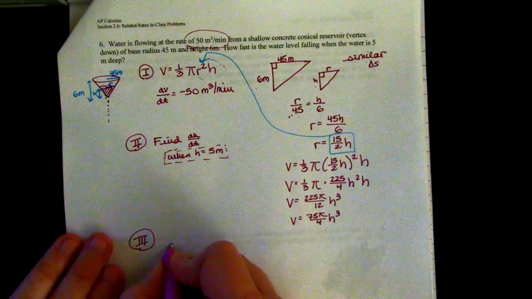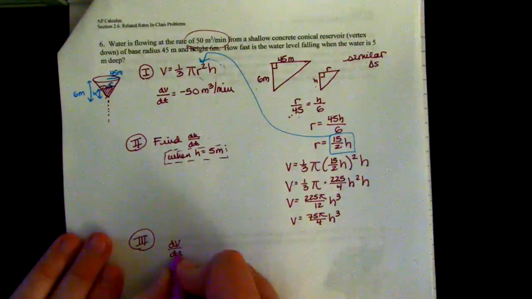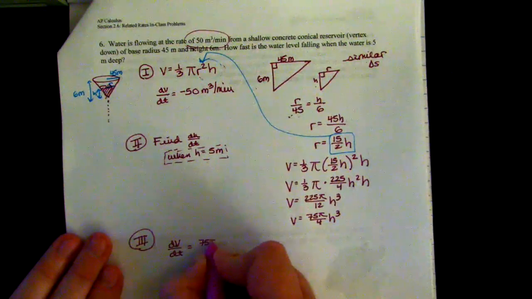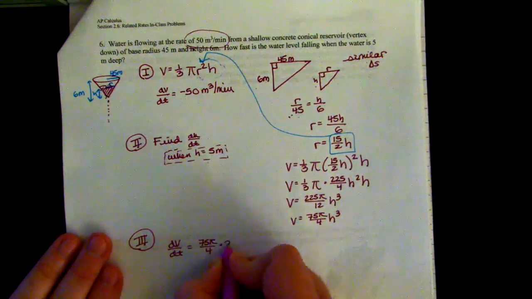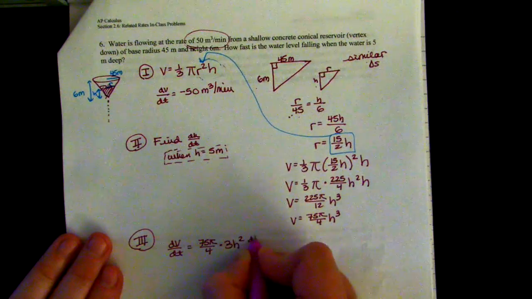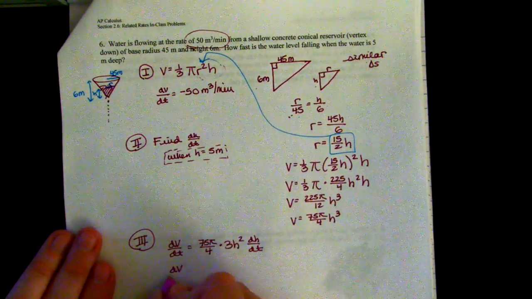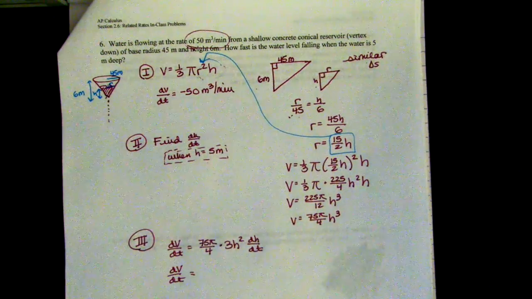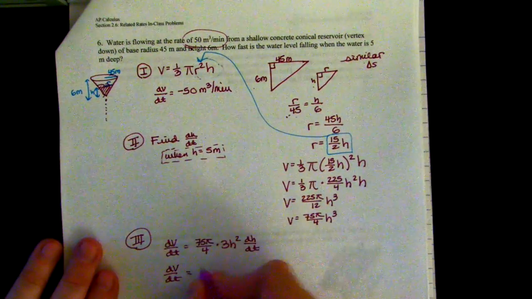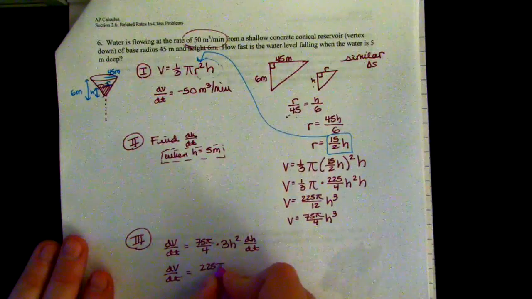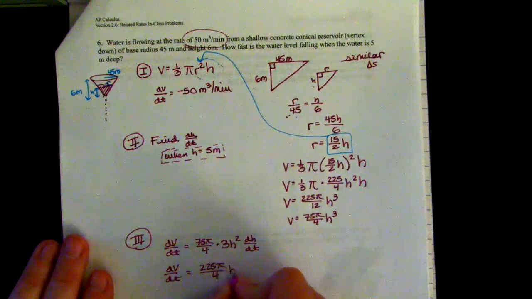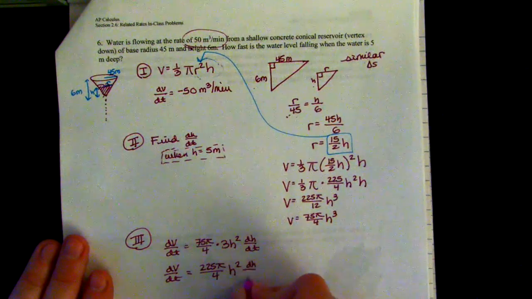Okay, so dV dt is going to equal 75 pi over 4 times 3h squared dh dt. dV dt is going to equal, let's see, 75 times 3 should give me 225 pi over 4 h squared dh dt.